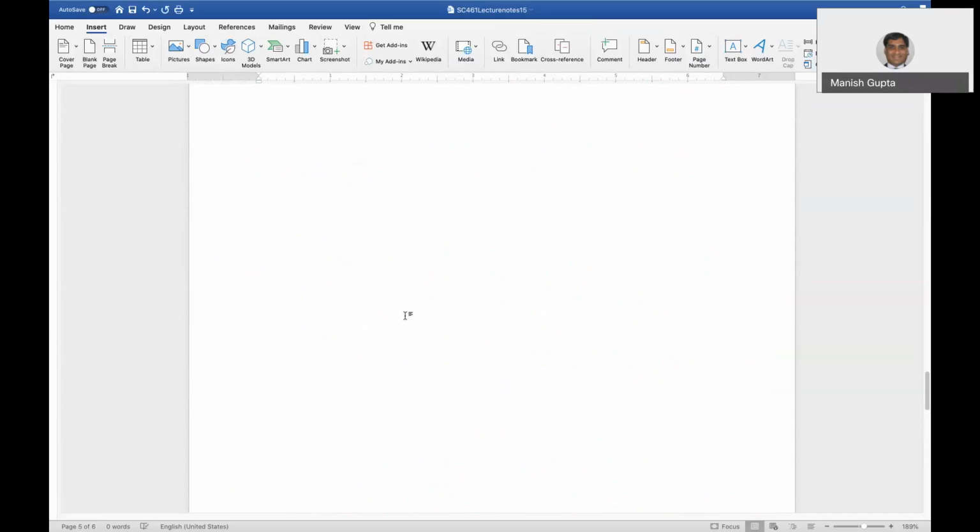Okay, fourth property says that the degree of a minimal polynomial cannot exceed m. This is also an interesting result. Let me show a proof.